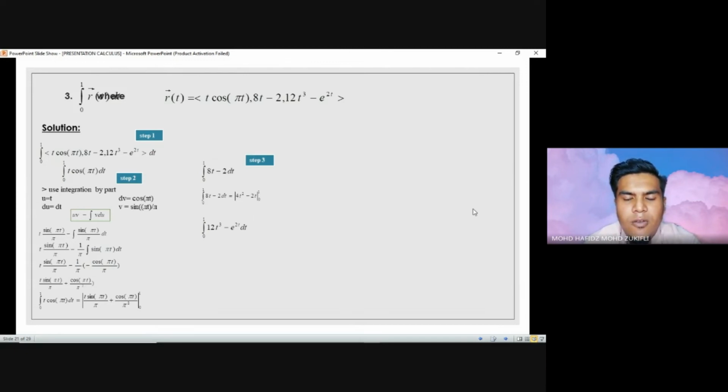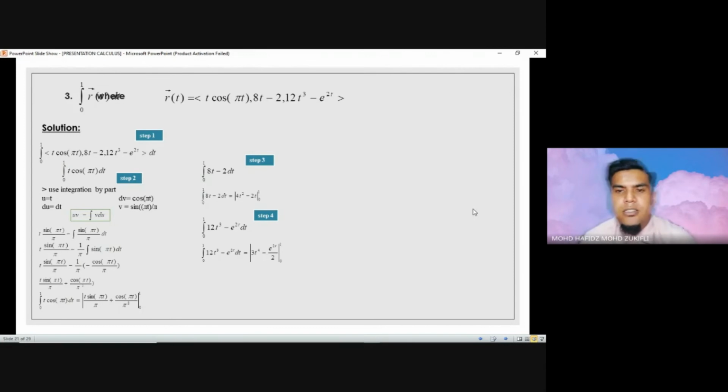And step 4, we settle the part 3, which is the integration of 12t cubed minus e to the power of 2t dt. So we will get 3t to the power of 4 minus e to the power of 2t over 2.